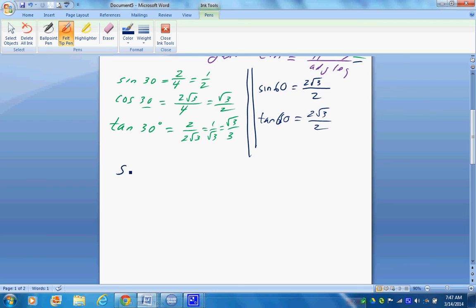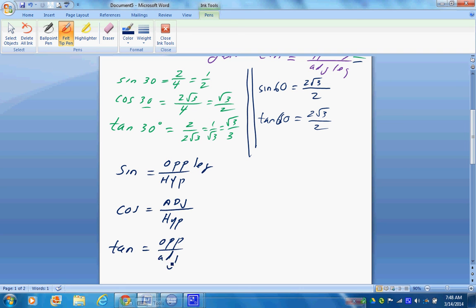You might say, how am I supposed to remember that the sine is equal to the opposite over the hypotenuse, the cosine is equal to the adjacent leg over the hypotenuse, and the tangent is equal to the opposite leg over the adjacent leg? Here's a little memory trick that most trig students learn.